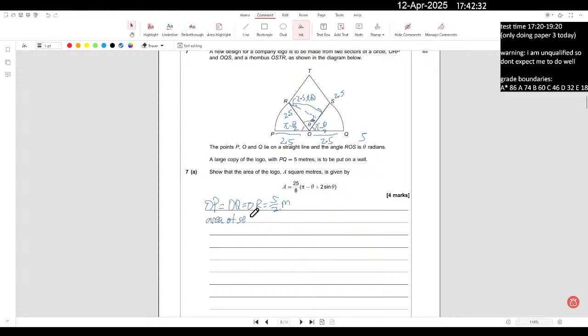Area of sector ORP equals area of sector OSQ equals, so the area of the circle is pi r squared times the angle pi minus theta over 2 pi. How the hell does that work, I wonder?